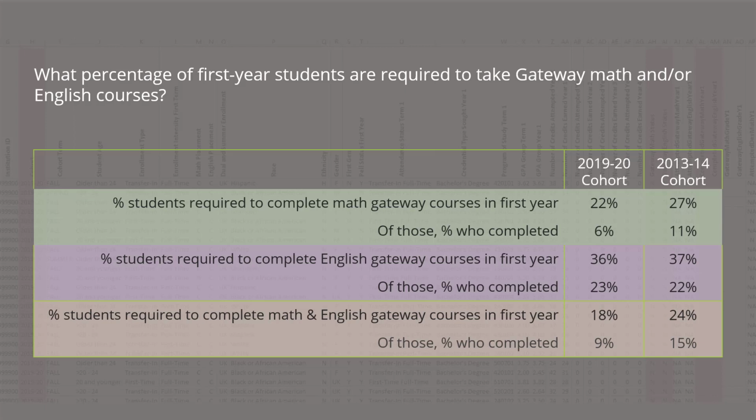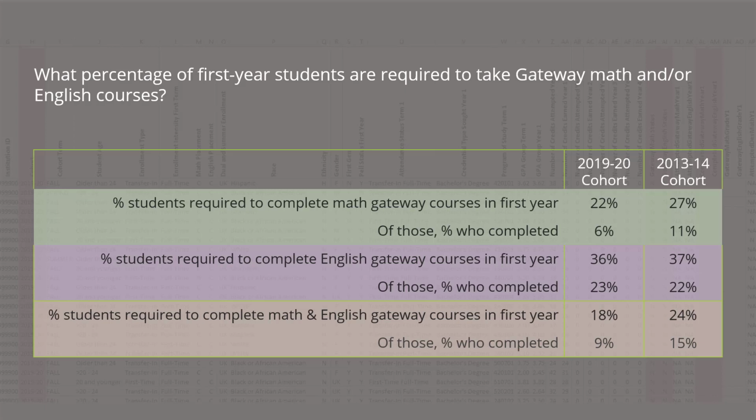Both values have remained consistent compared to the 2013-14 cohort, and approximately 18% of students in the 2019-20 cohort were required to take both Math and English Gateway courses. Of those, 9% completed those courses in their first year of college. These values declined compared to the 2013-14 cohort.